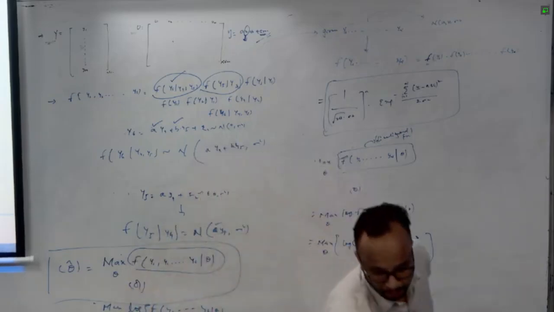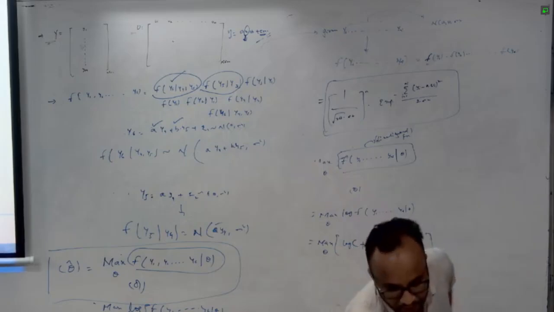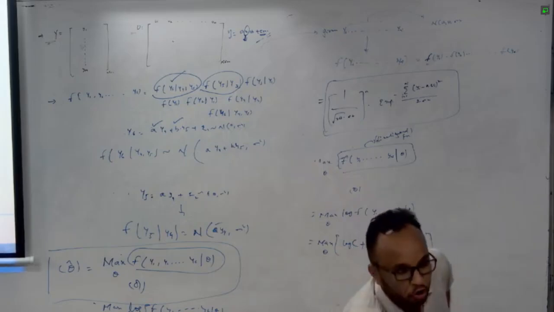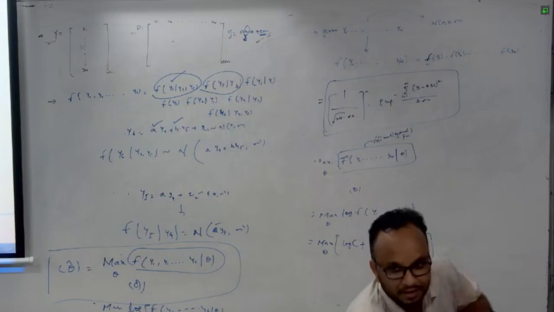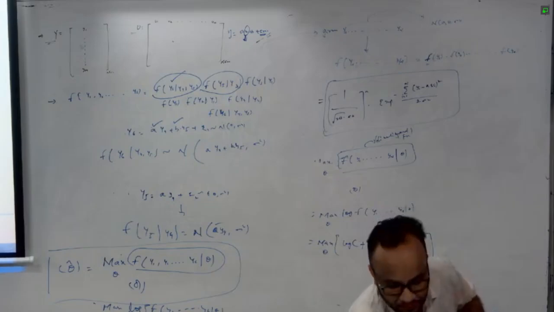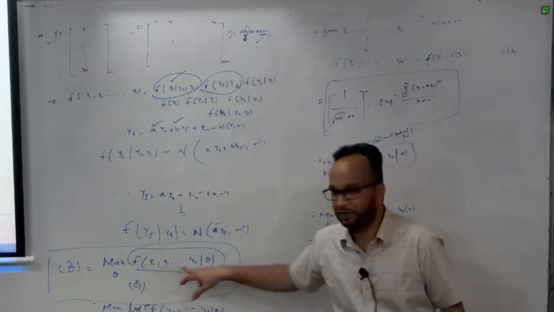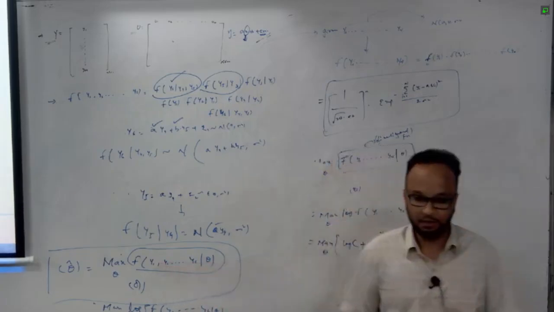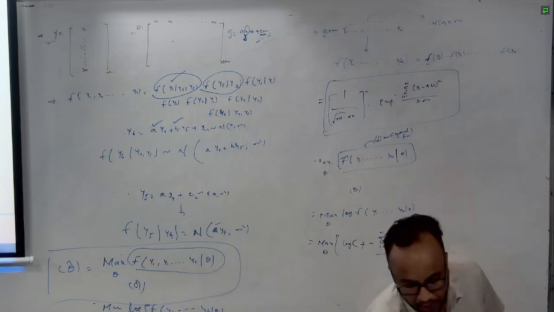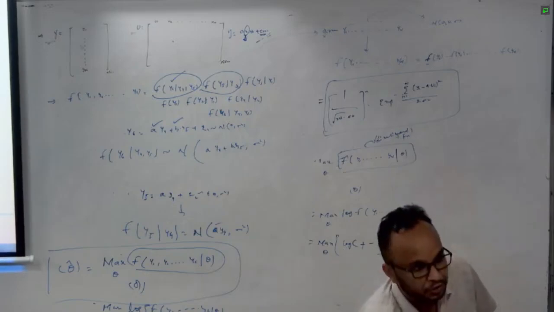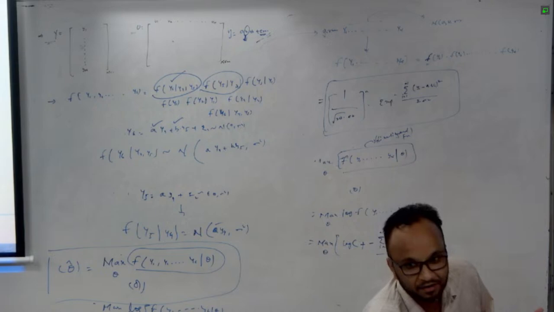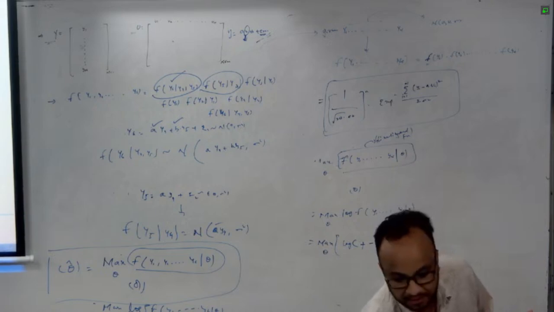Initially, these nodes were all known nodes, meaning they were all measurable nodes, so I would write only the probability of y given theta, the joint density function of the individual data. But now not only do you have known measurement nodes, you also have hidden nodes. These are the hidden variables present inside.